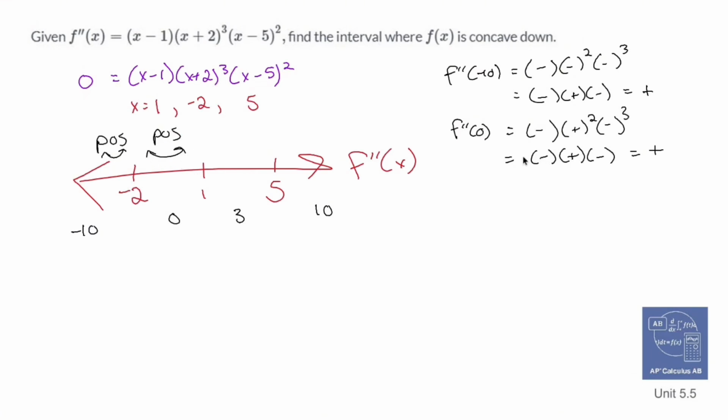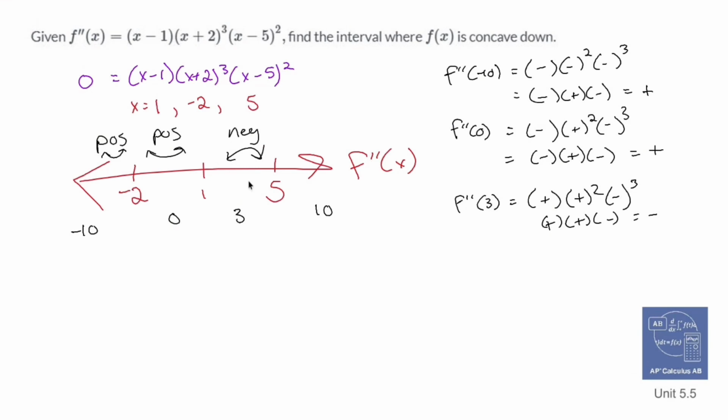All right. F double prime of what else? 3 is going to equal 3 minus 1, which is positive. 3 plus 2, which is positive, squared, 3 minus 5, which is negative. So I'm going to get a positive times a negative cubed, which is going to be a positive times a negative, which is a negative. So you are concave down.